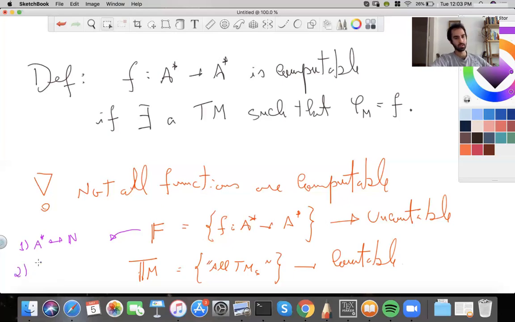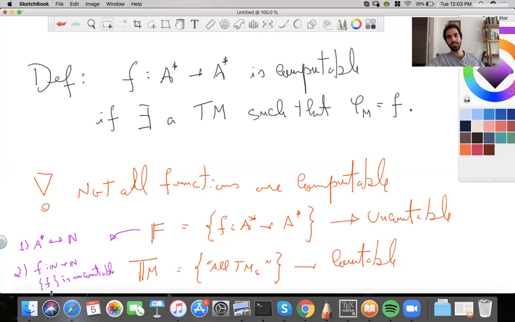Now you can use the fact that the set of all functions from the natural numbers to the natural numbers is uncountable. I hope my physics notation is clear here.